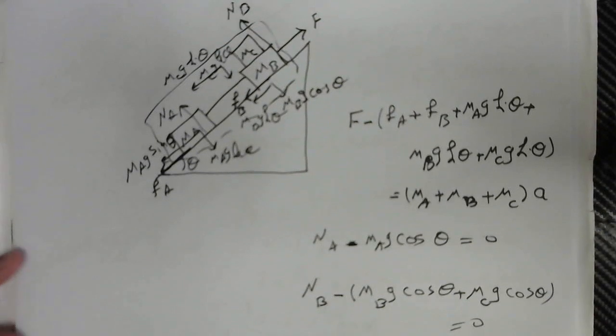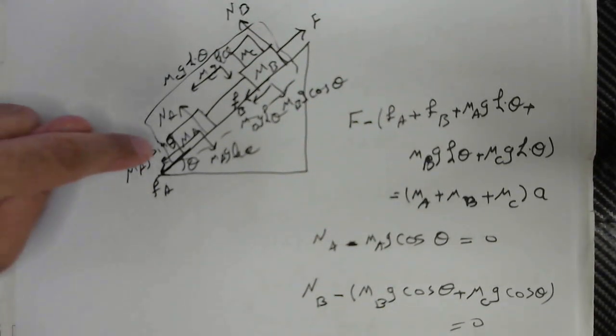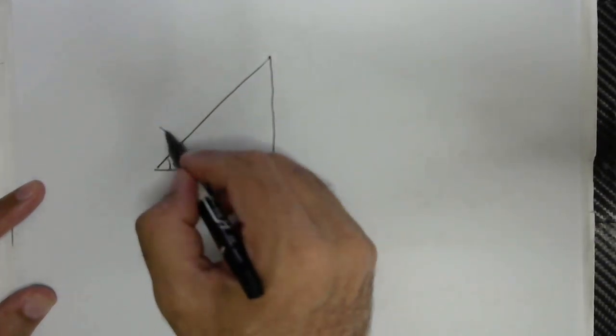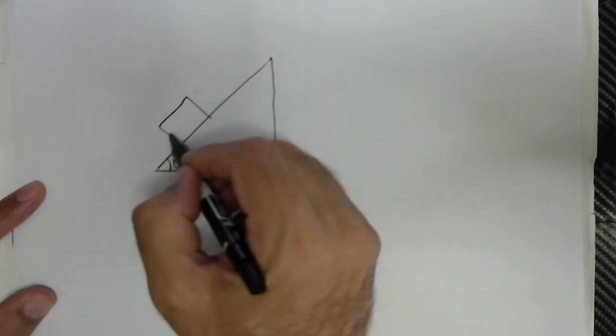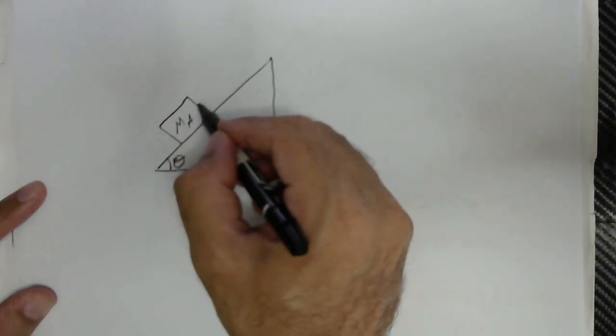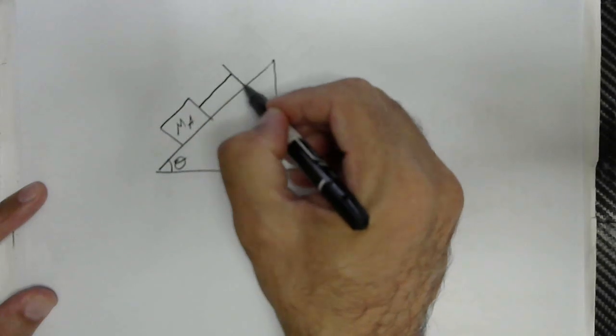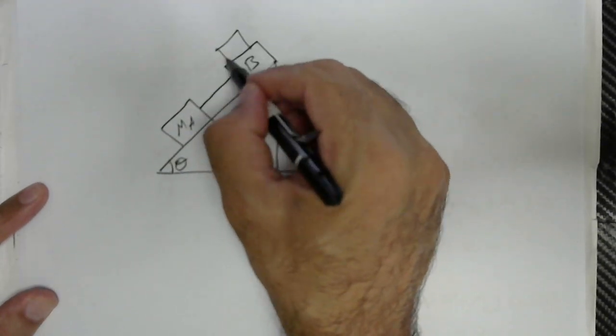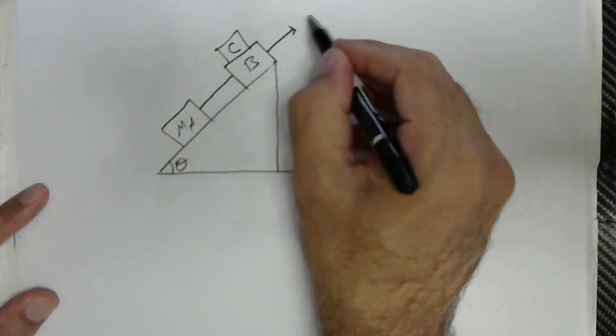But now, if I consider, let's say, A as my system, so I have the same example. This is A, and this is B, this one is C, then this one is my force.